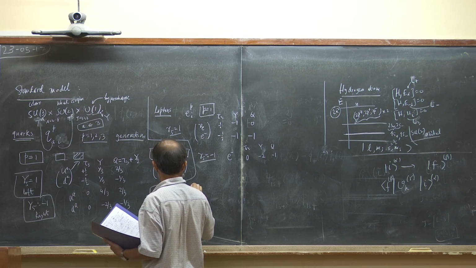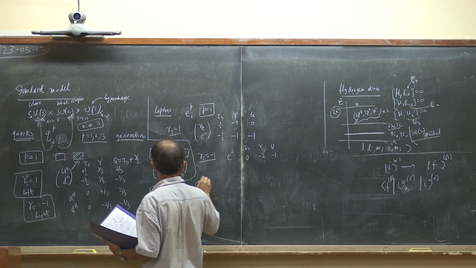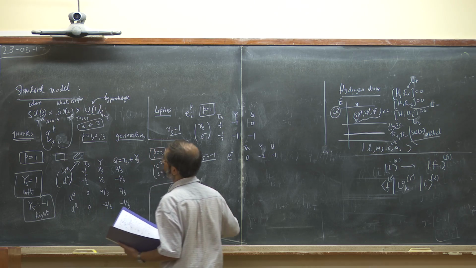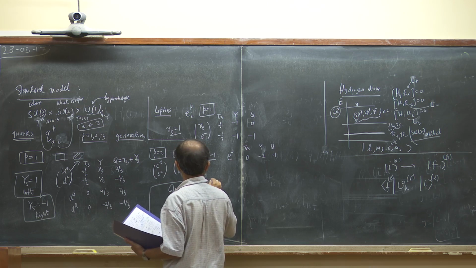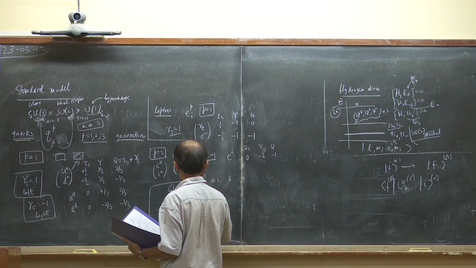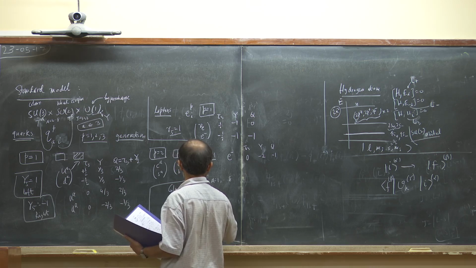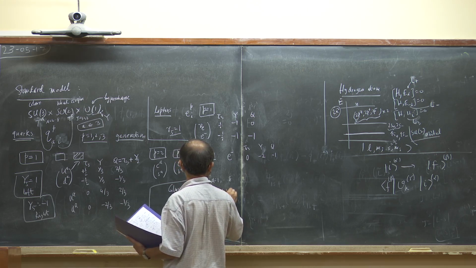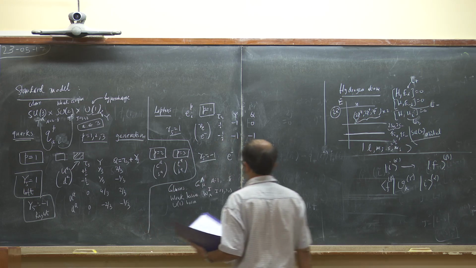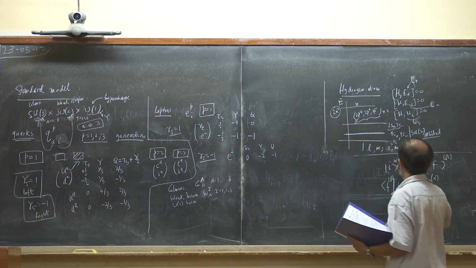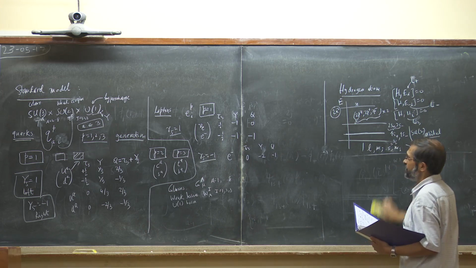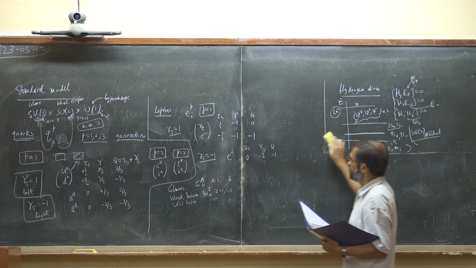The weak bosons you can call W I mu, with I running over 1, 2, and 3. And then there are Higgses and so on and so forth.